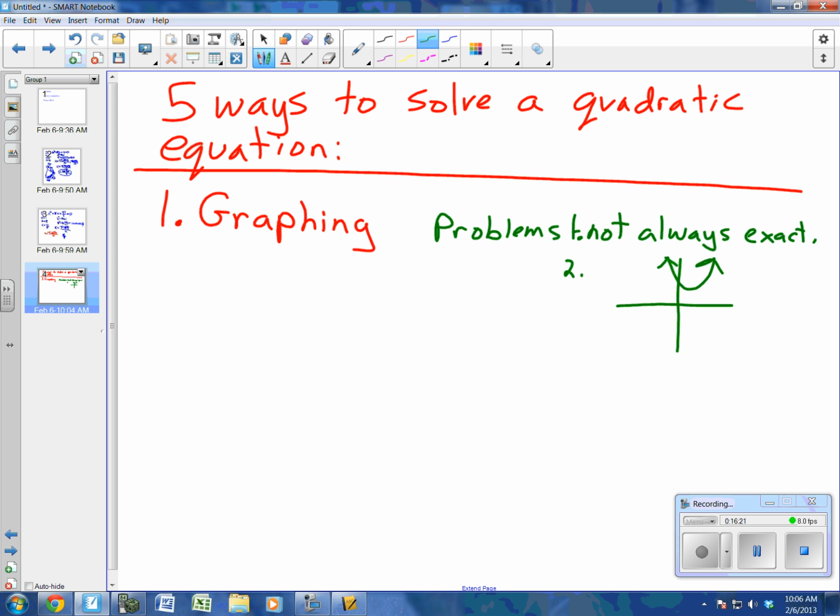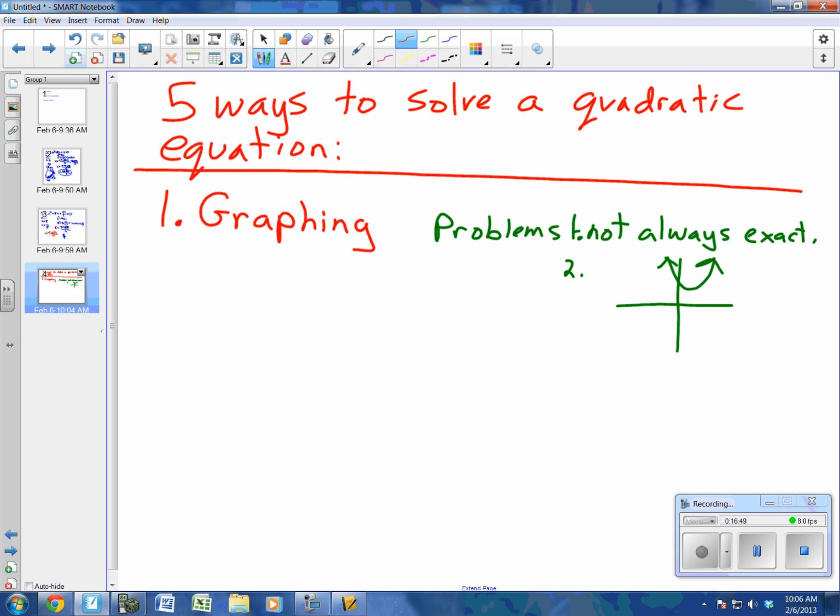Imaginary solutions can be found algebraically using the quadratic formula or completing the square, but they can't be found by graphing, okay? So graphing, hey, someone mentioned at the first class, graphing is a great way to do it, and you're right. Graphing is a great way to do it if it crosses through integers, and it's close enough to 0, 0 that when you graph it, you can see it, okay? So sometimes this is a great way to do it, sometimes not.